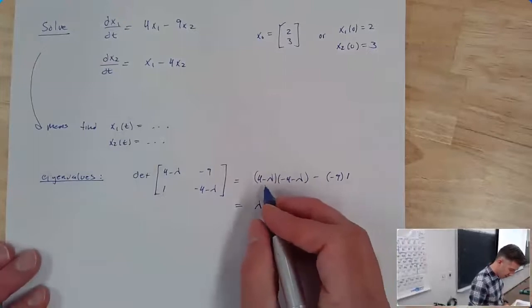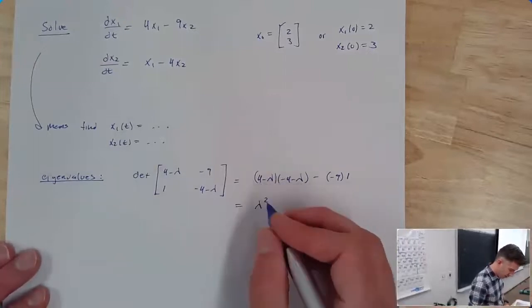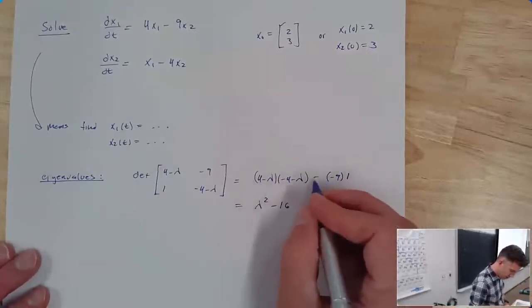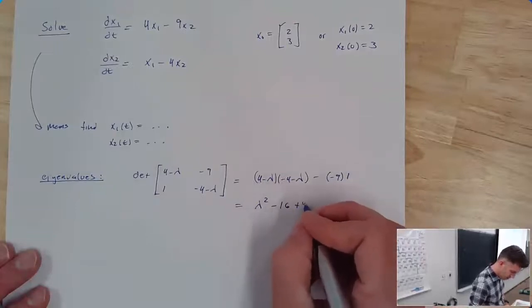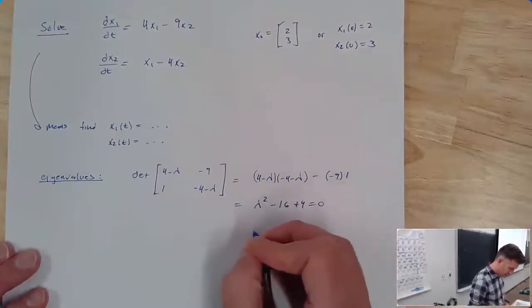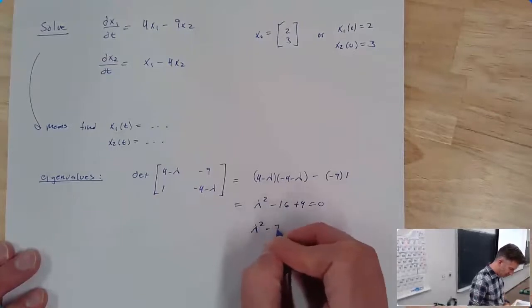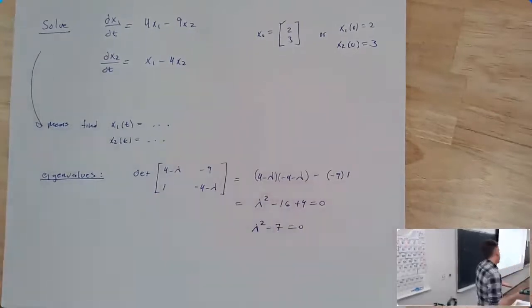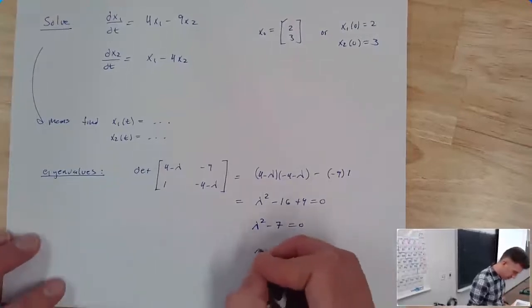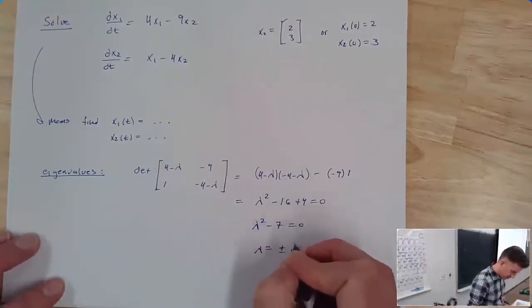So we're left with -4 times 4 is -16 plus 9, that's -7. So we've got a very unsatisfying lambda squared minus 7 equal to 0, which we could factor, or you could just bring the 7 over and solve either way. Either way, you're going to get lambda equal to plus or minus the square root of 7.